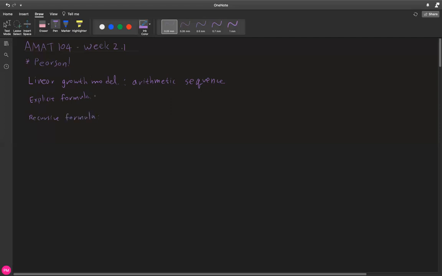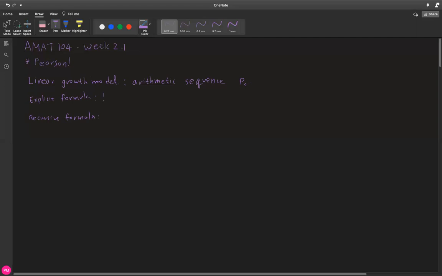The linear growth model, or arithmetic sequence, is the sequence where you start with the initial population, called P0, and for each term you increase or decrease the value by a constant value called D. We define that as the common difference.